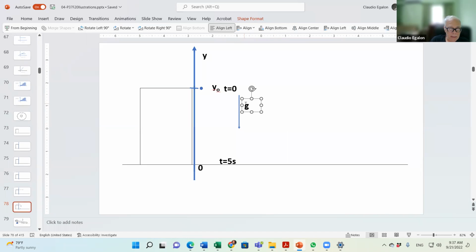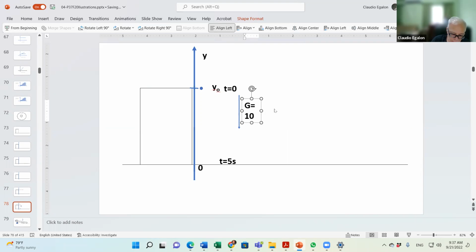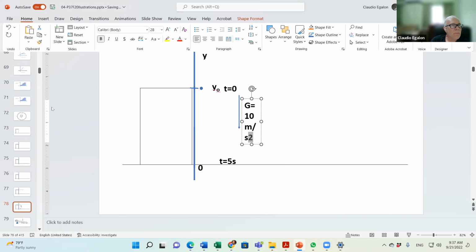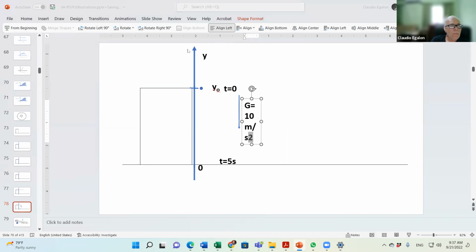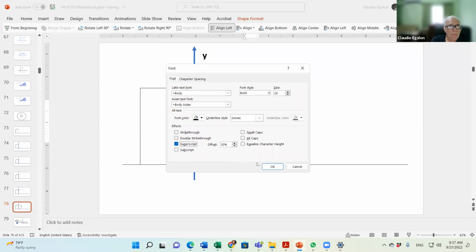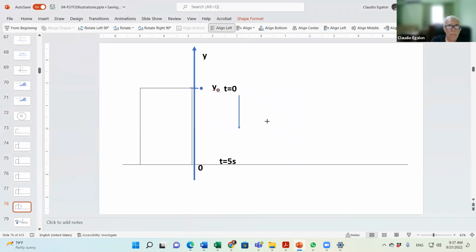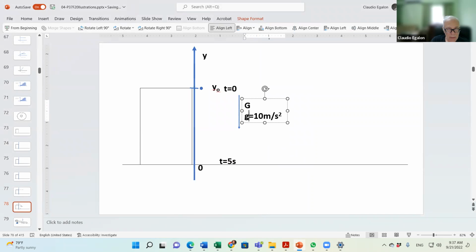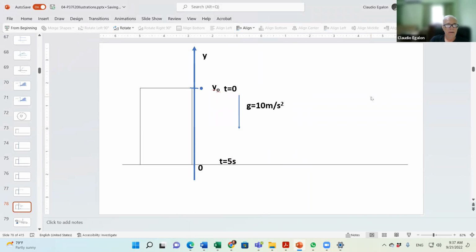g here is the acceleration of gravity. We denote the acceleration of gravity by little g. That's the acceleration of the object.